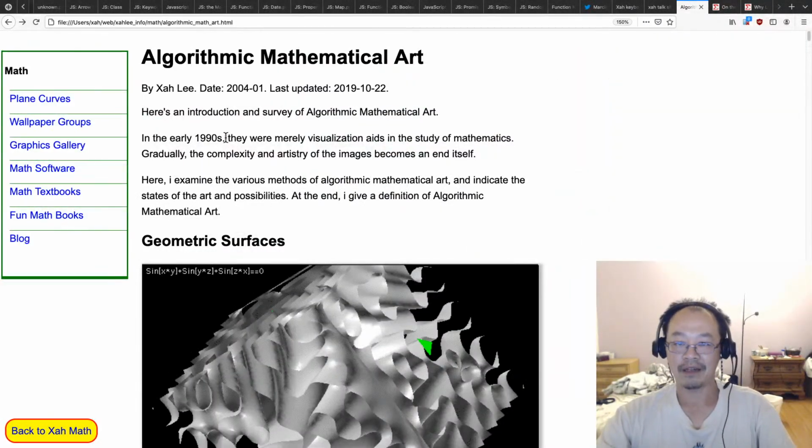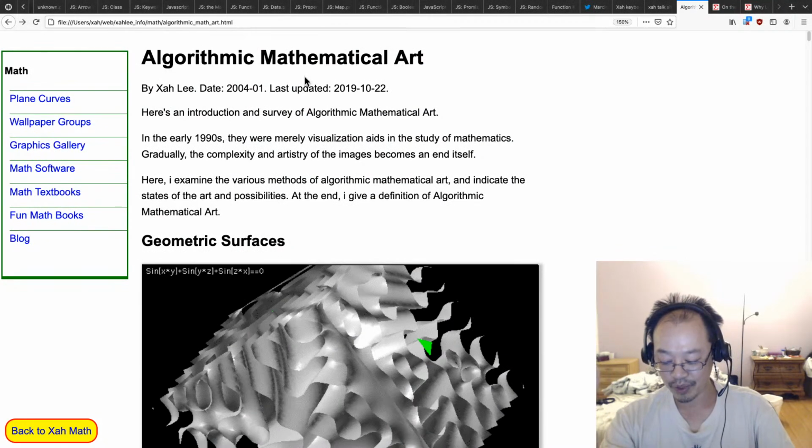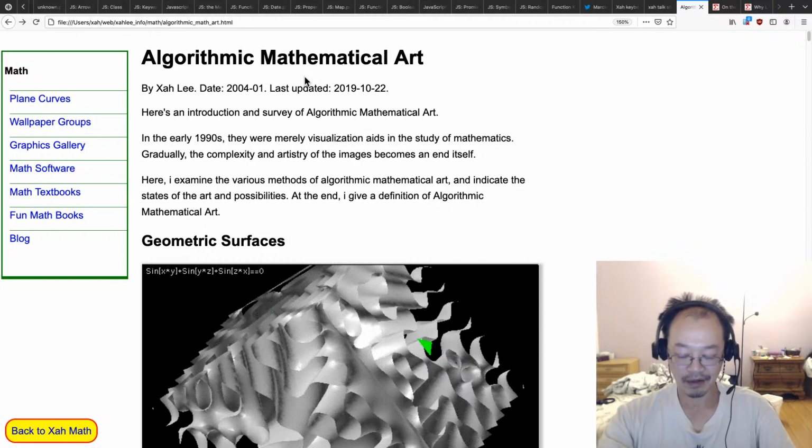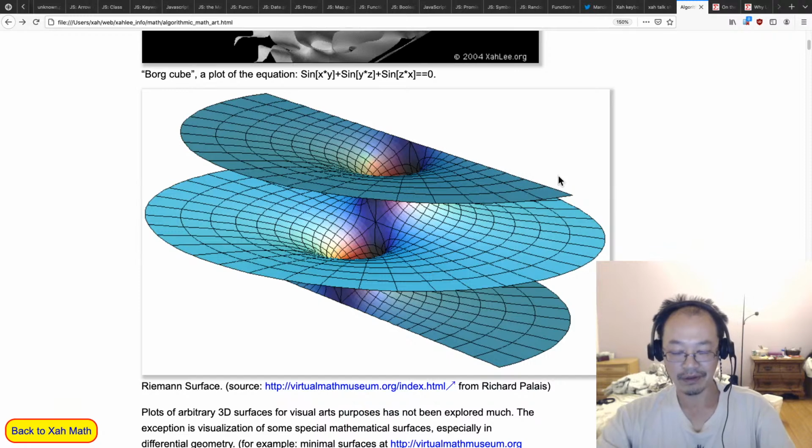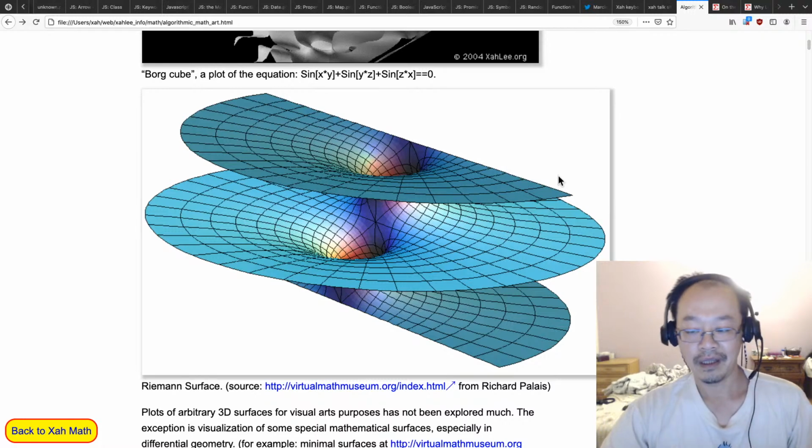It's algorithmic mathematical art. This is actually one of my, if I may say so, among my thousands of articles, this one is more important and valuable. First of all, I give you a survey of all the different types of what's called mathematical art. You will see this if you are into math.